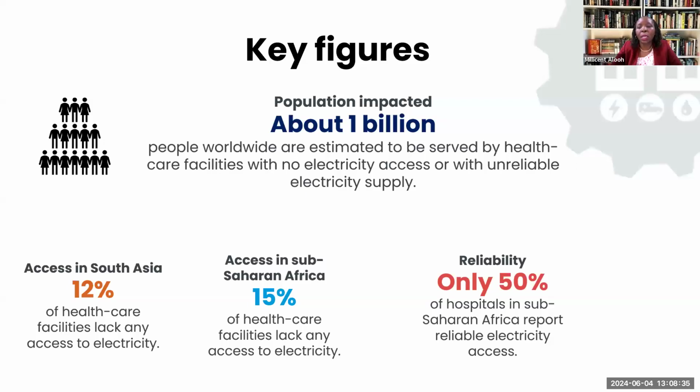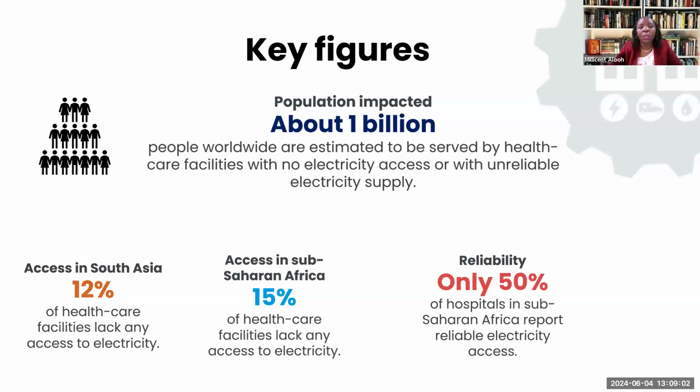This is a call to action to each and every one listening to me today: we have an action to take to ensure that our health facilities have power and the population we are serving gets access to power. From the data I shared in the last slide, 12% of healthcare facilities lack access to electricity in South Asia.